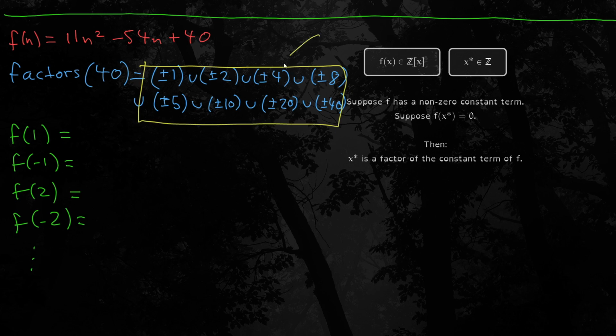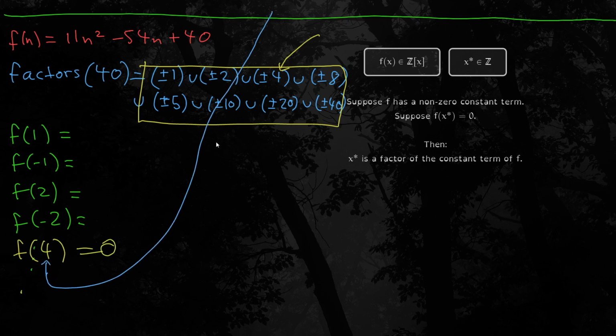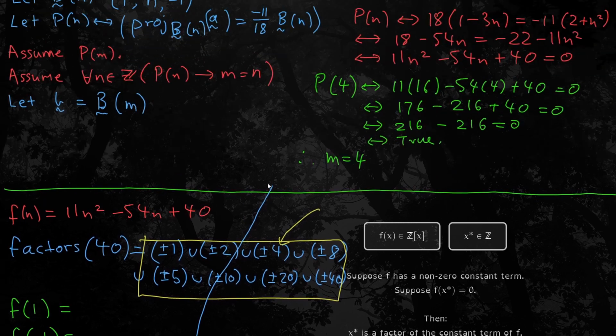And it turns out that when we get to 4, and plug it in, it'll literally be the next one, f of 4, we're going to get 0. And so that's how we know that 4 is the number we needed up here to plug into here, right?